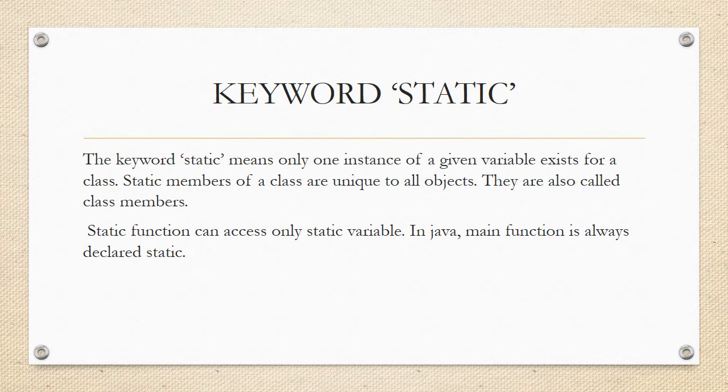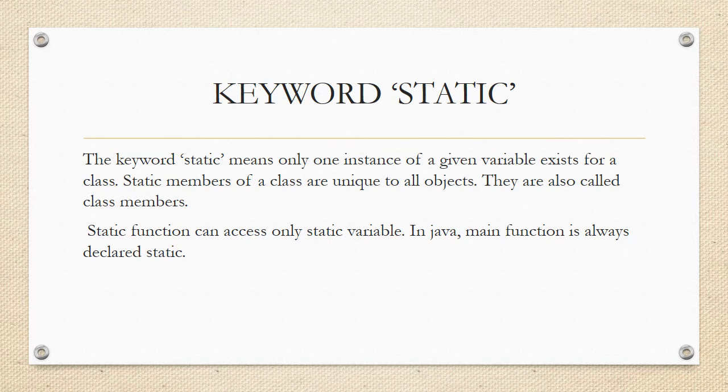What is the purpose of static variables? Suppose you insert a variable within a function. It is a temporary variable, so each and every time after the execution of the function, it will be destroyed. When your function's work completes, your variable will be destroyed.